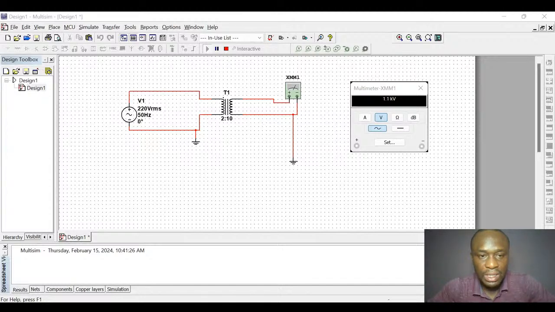So, like I was saying, this is the primary side, the side with 2. The side written 2. This 2 means 2 turns. The wire is turned 2 times. Then the side written 10 is the secondary side. Assuming that this side written 2, you connected this voltage source to it, it will start to behave like a magnet.